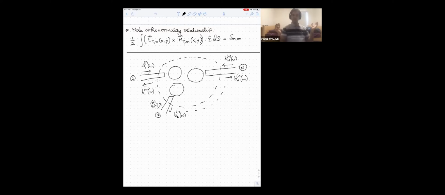So because this is a linear system, I expect that these inputs and outputs are related to each other by a linear operator. We should be able to calculate these outputs, that is B1 minus to Bn minus, by simply multiplying the inputs with a matrix, right?